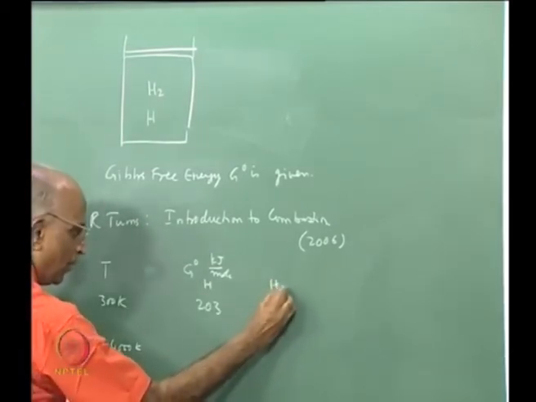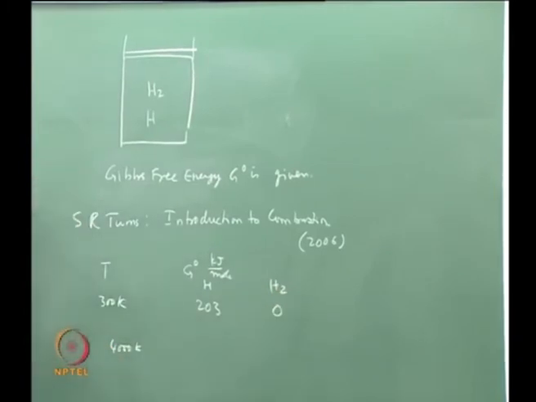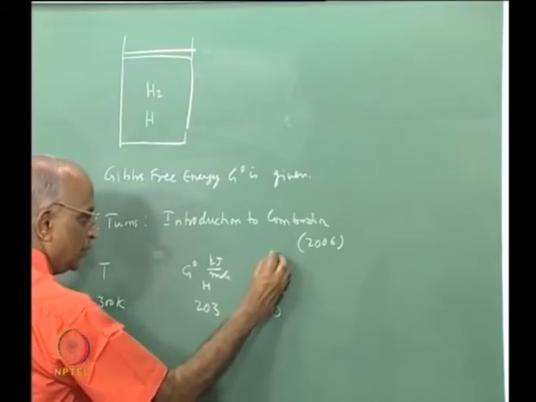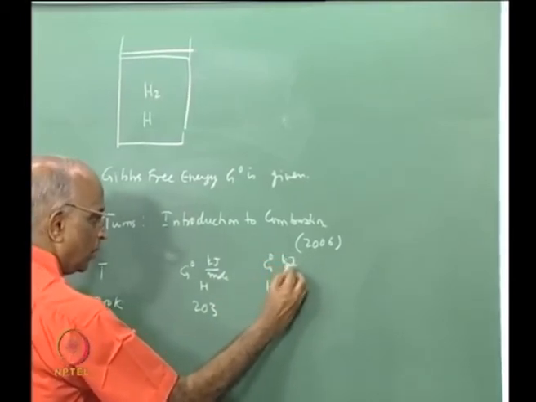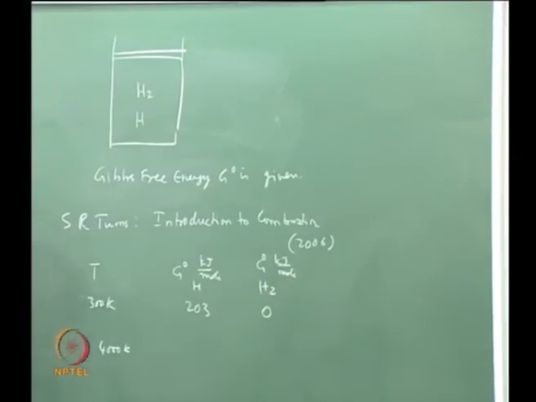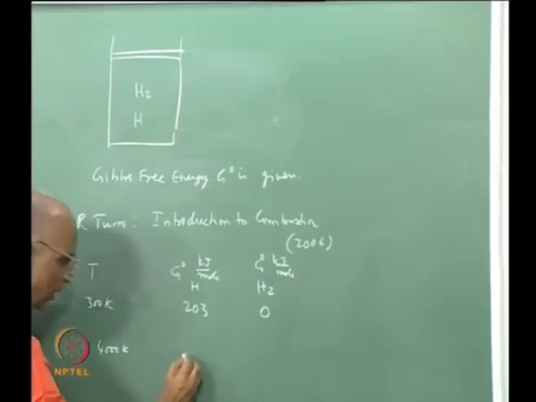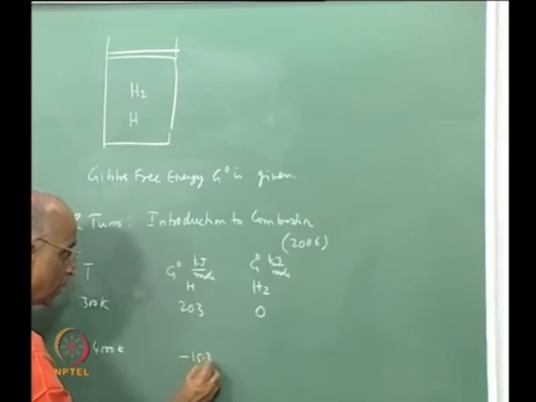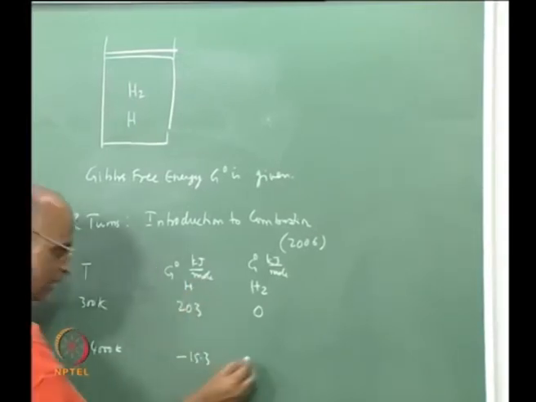For H2 it is 0, again G0 in kilojoule per mole. At 4000 the value is minus 15.3 kilojoule per mole, and for H2 it is again 0.